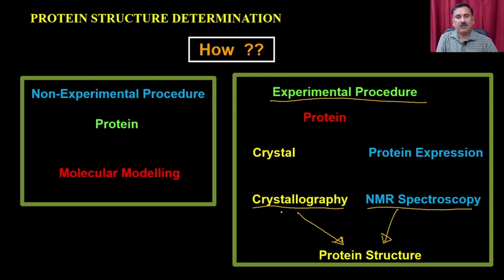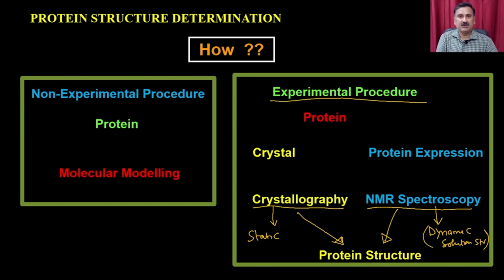The structure you get from X-ray crystallography is going to be a static structure, whereas NMR spectroscopy gives you a dynamic structure or solution structure. So this is also called the solution structure.